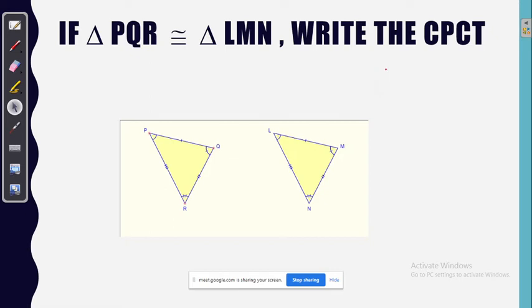Angle P is corresponding to angle L, ma'am. Yeah, angle P is corresponding to angle L. So, we can say that angle P is equal to angle L.